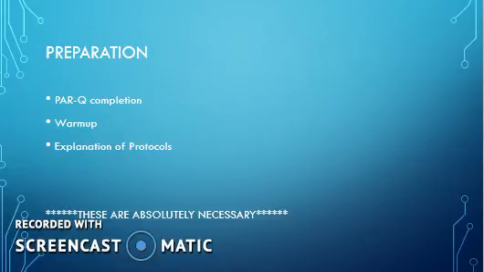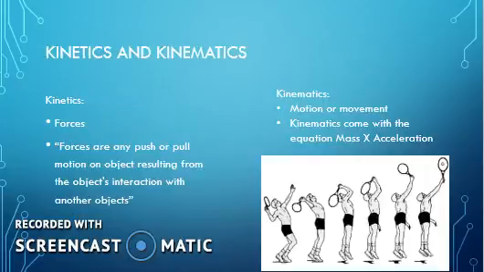The second part of the methods, well, we're just going to explain a little section here called kinetics and kinematics. Kinetics is basically the branch of mechanics that mainly deals with forces, and a force is any push or pull on an object. This definition was created by Isaac Newton.